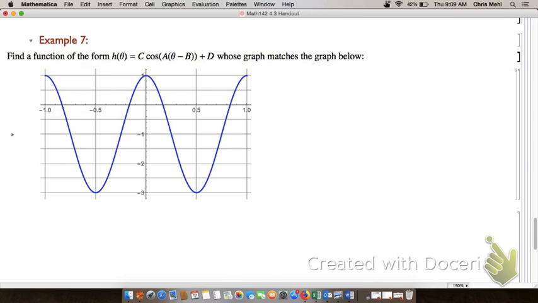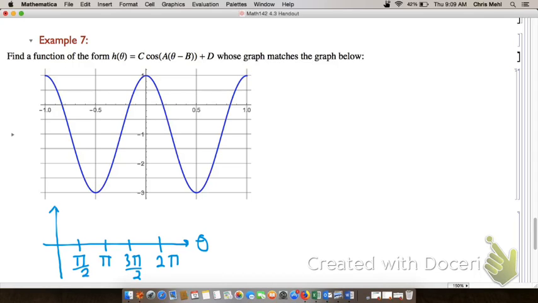So again, as I usually do, I'm going to sketch a fundamental cycle of cosine, my parent graph. So here's theta, the period of cosine is 2 pi, and I will split that period up into fourths, so intervals of length pi over 2.